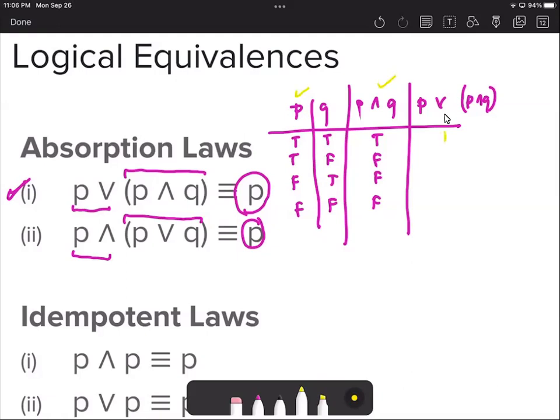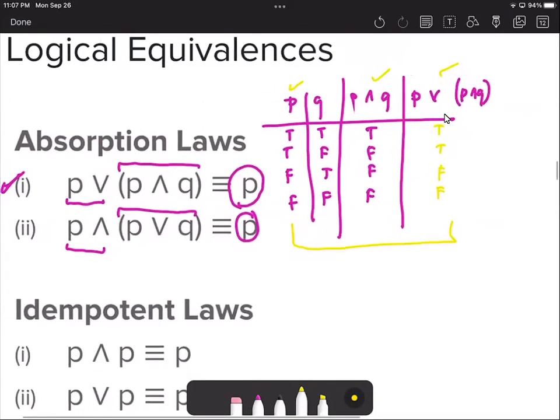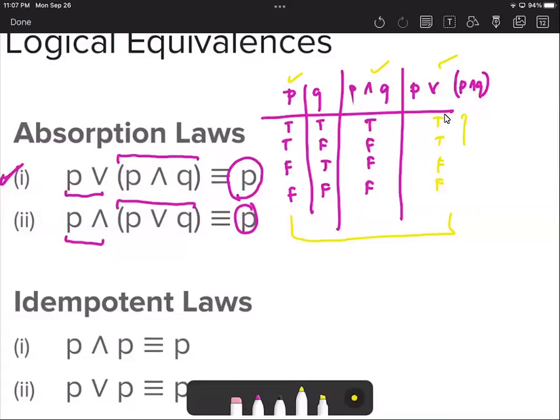So we will have true, true, false, false. So we can see that the column of P and the column of P or P and Q have the same truth values and therefore logically equivalent. Okay, so that will be the same for P and P or Q. So this is also expected to have truth values true, true, false, false.